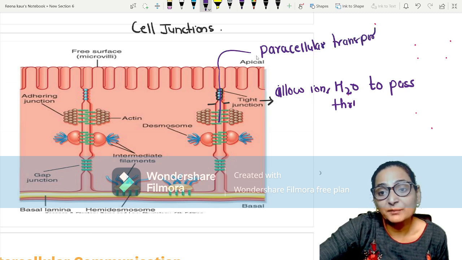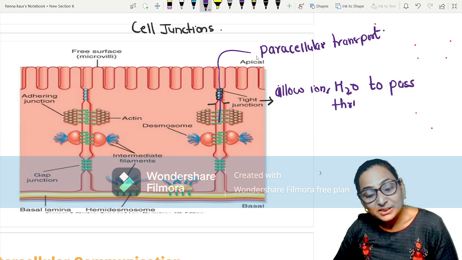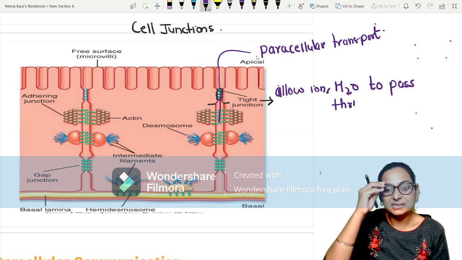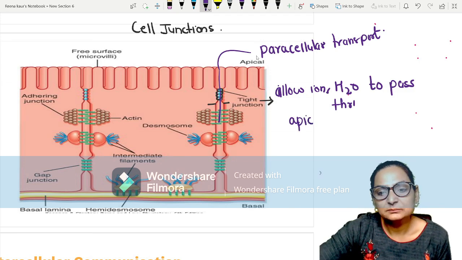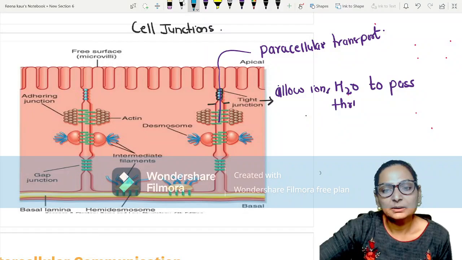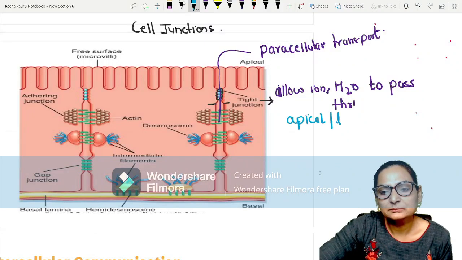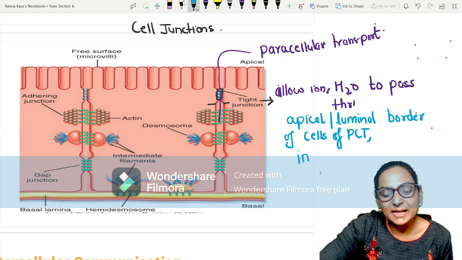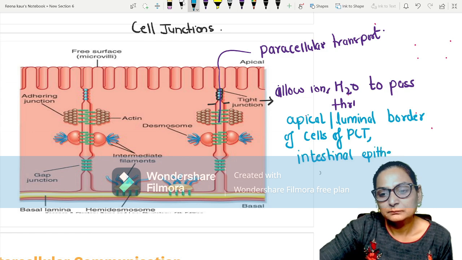This kind of transport is very high in cells which have tight junctions, like the apical or luminal border of the intestinal epithelial cells and cells of the PCT.